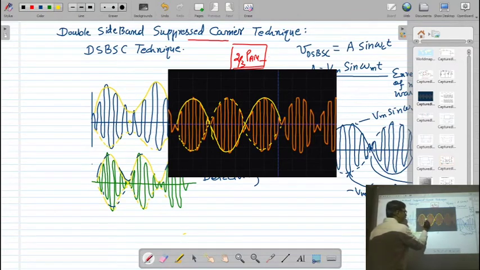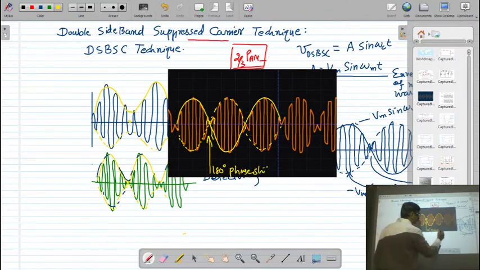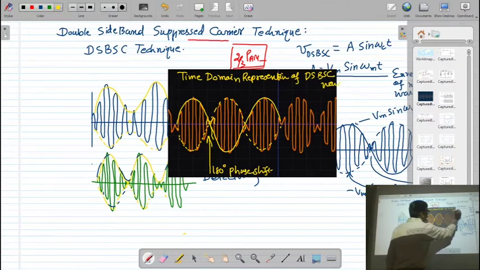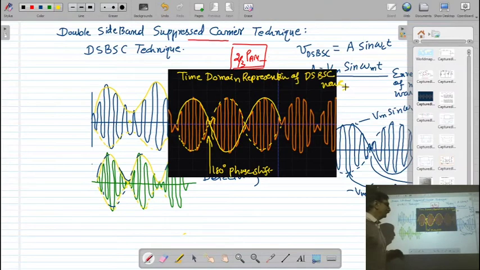Then after that there should be a negative cycle. But instead of a negative cycle, again we have a positive cycle. So at this point there is a 180 degree phase shift. So this is known as a time domain representation of DSBSC wave. Correct? So this is the characteristic of DSBSC wave.